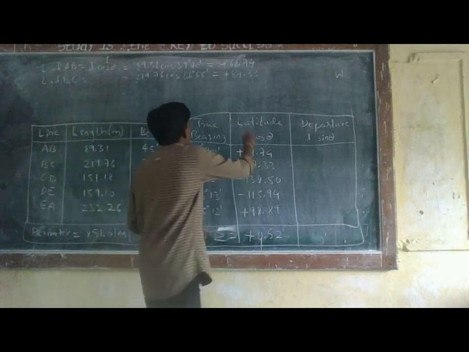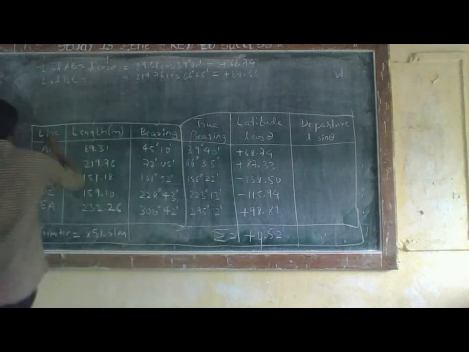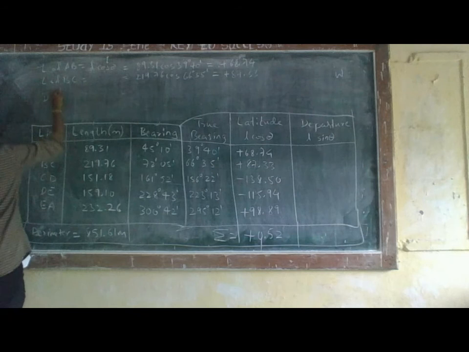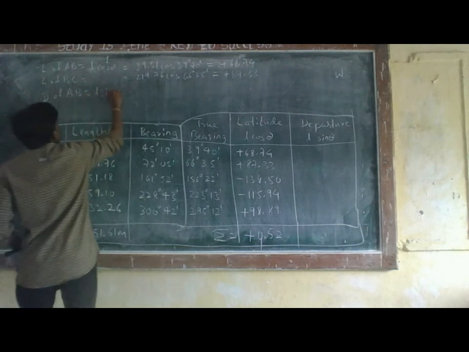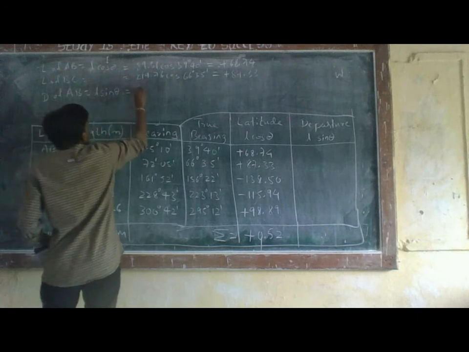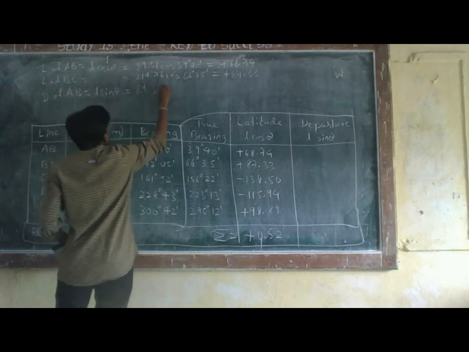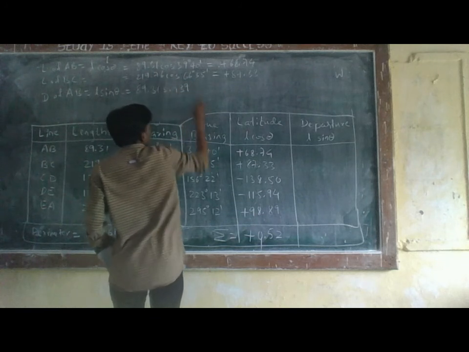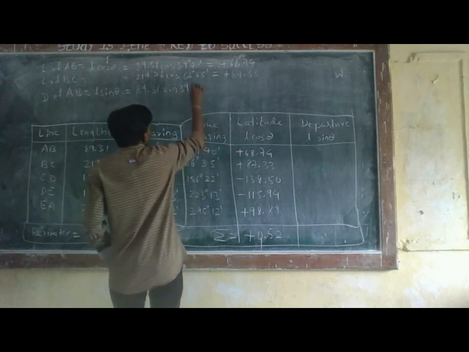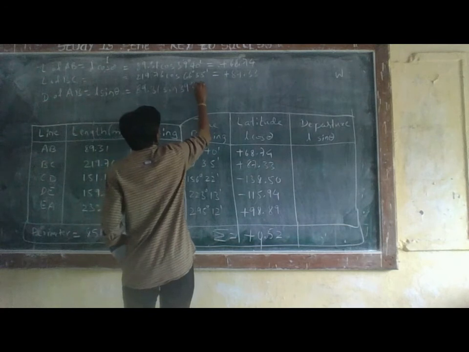Now in the same way, calculate departures. Departure of AB is equal to L sin theta. The length is 89.31, and theta is the true bearing of AB, 39 degrees 40 minutes.